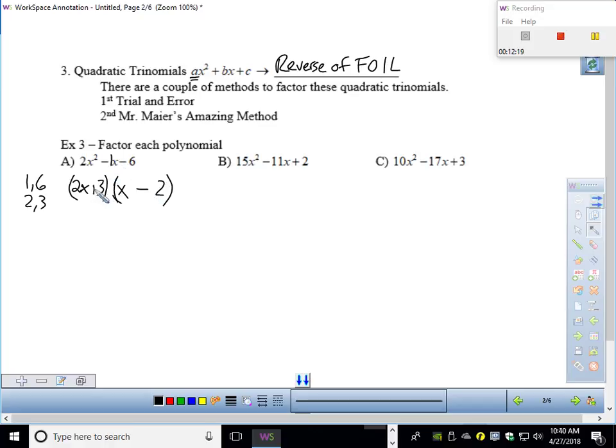Probably a minus there and a plus there. And would it work all the way through? I did need -6 on the back, so +3 times -2 is -6. And outside and inside do combine. And so I think that's your winner. Okay, that's great. That's trial and error. And again, when you get good at it, it runs through pretty quickly.